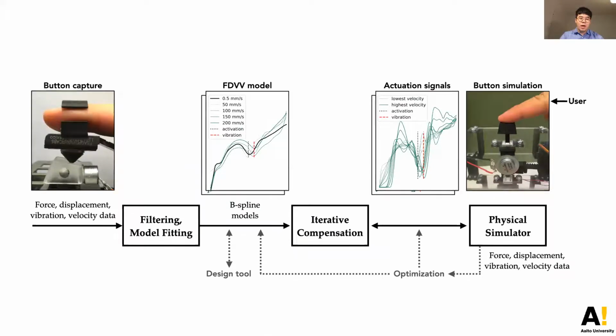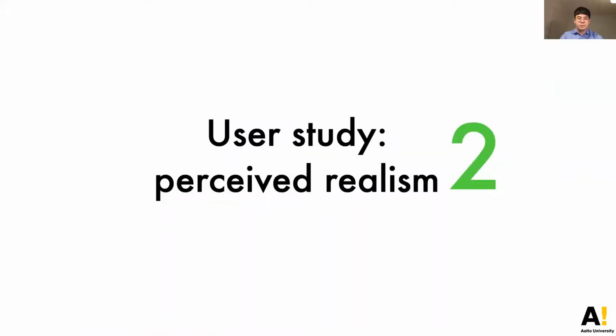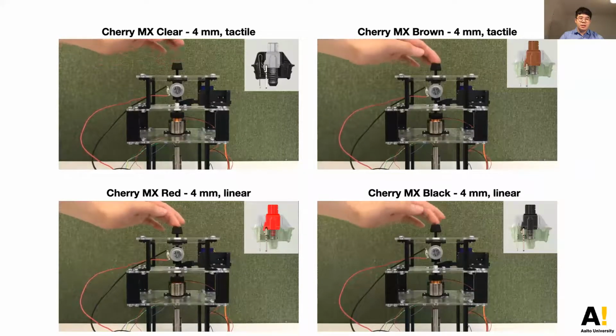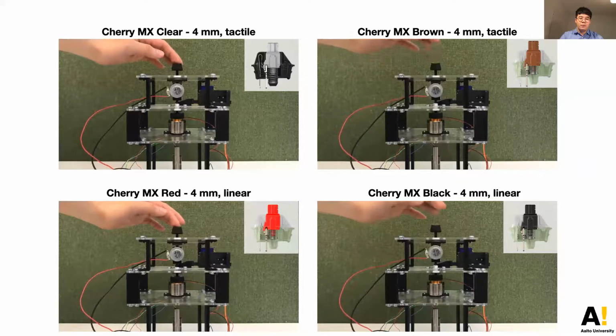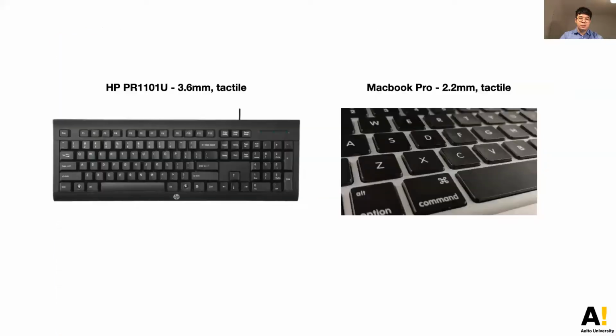Up to this point, I've quickly gone through the whole pipeline. All the model data of 6 common buttons and the actuation signals are released on our project page. We then ran a 12-participant user study comparing the realism of original FD models and the FDVV models. 6 buttons were tested, including 4 very common gaming mechanical buttons, the Cherry MX series, and 2 rubber dome buttons with various depths.